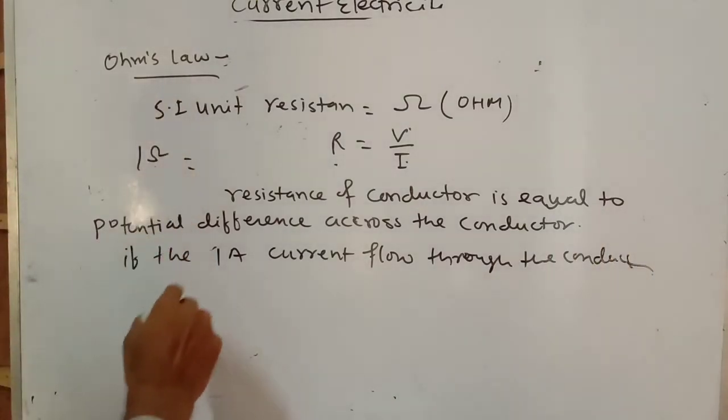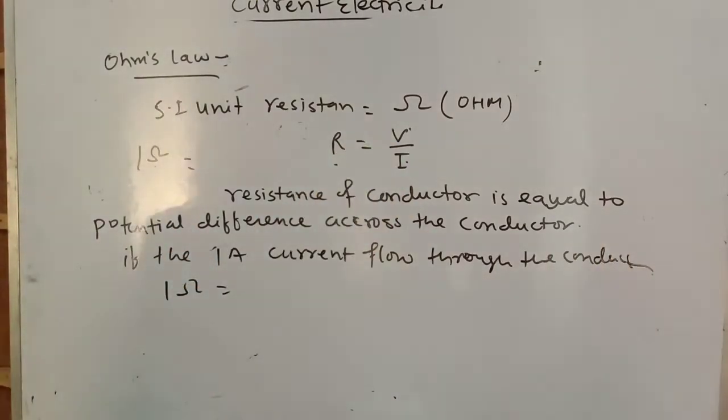And 1 ohm you can say is when there is 1 volt potential difference across the conductor and 1 ampere current flows through the conductor.